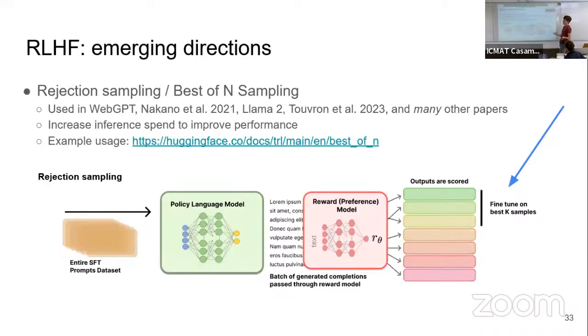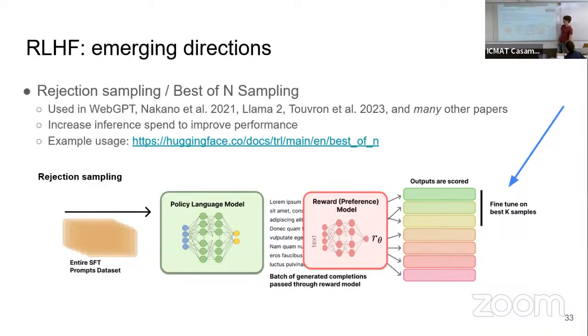As usual, we can adapt a lot of techniques from statistics to improve a reward or preference, like best-of-n sampling or rejection sampling. This is quite similar in a sense. We have a language model, we generate options, we rate the options with a preference model or reward model, and then instead of doing PPO maximization, we can just fine-tune on the best-case samples.